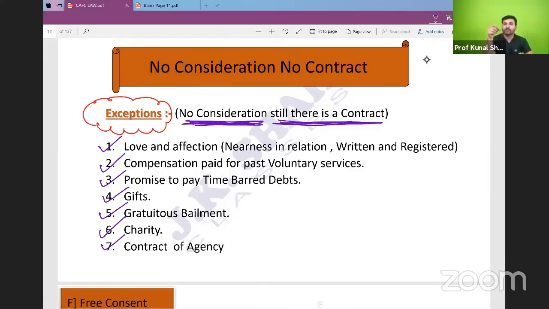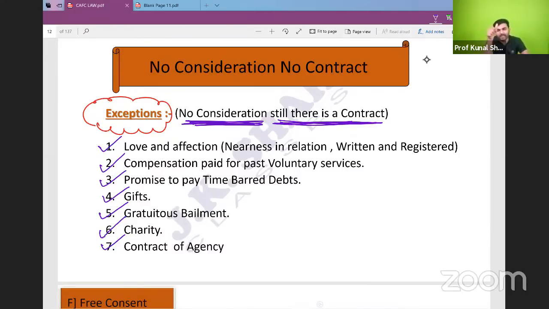Signed by my father, signed by me. This document was registered. Now, when my father promised to transfer the property of Ahmedabad to my name, did I give something in return to my father? No. Generally, no consideration, no contract. But over here, it is still a contract because it falls under an exceptional case.